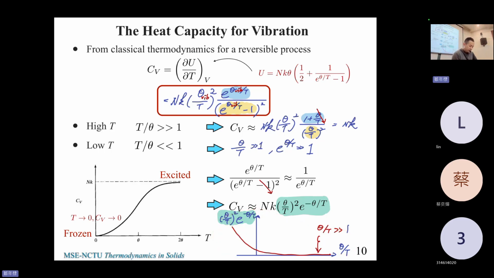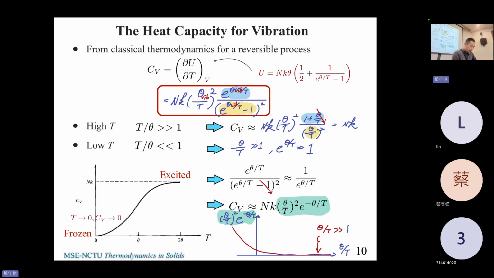And then in this figure, we found that at low temperature, T over theta is much less than 1, which means that theta over T inverse is much greater than 1. And what does the condition look like? It actually goes very small, approaching 0.